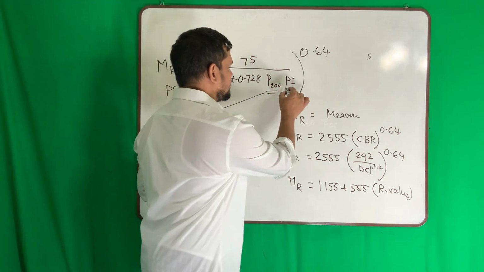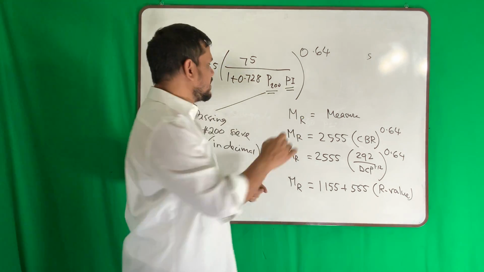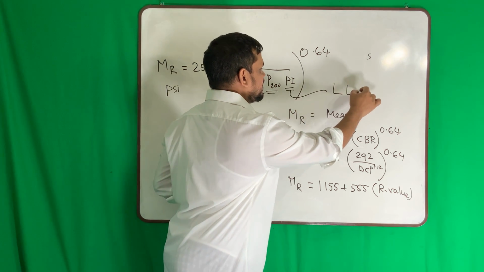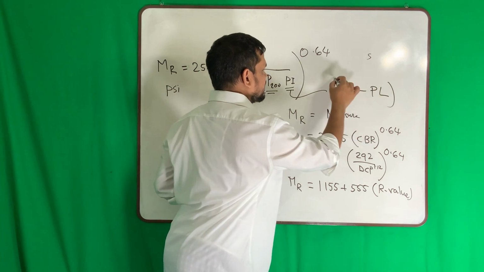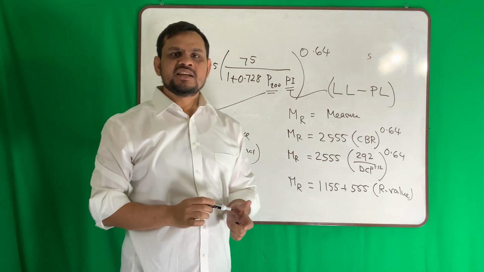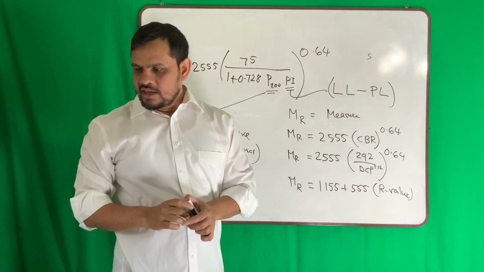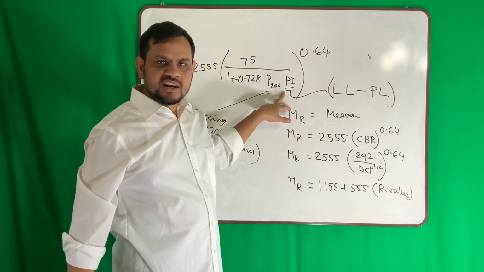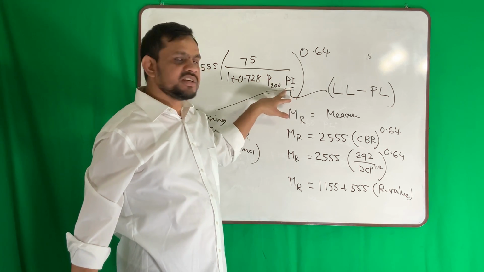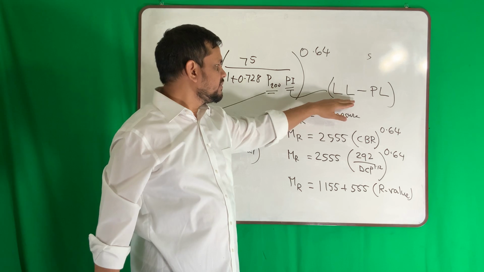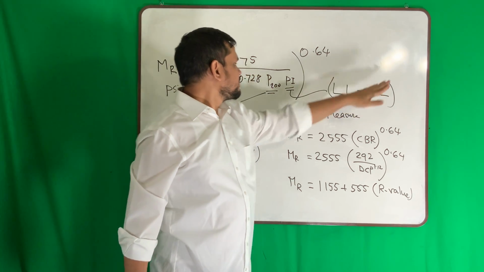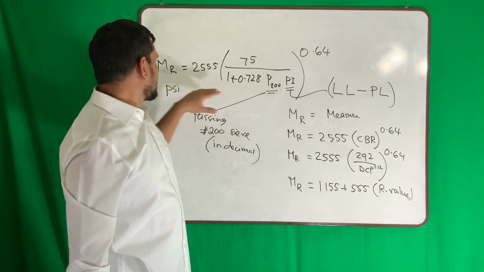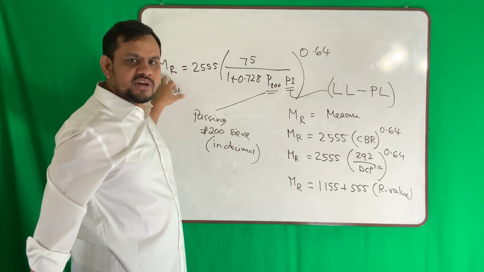And what is this? Plasticity index. Liquid limit minus plastic limit is called plasticity index. Yes, so hopefully you know this by this time. When you did the soil classification, you used this, plasticity index, liquid limit minus plastic limit. So if you know these two terms, you can calculate the resilient modulus of the soil.